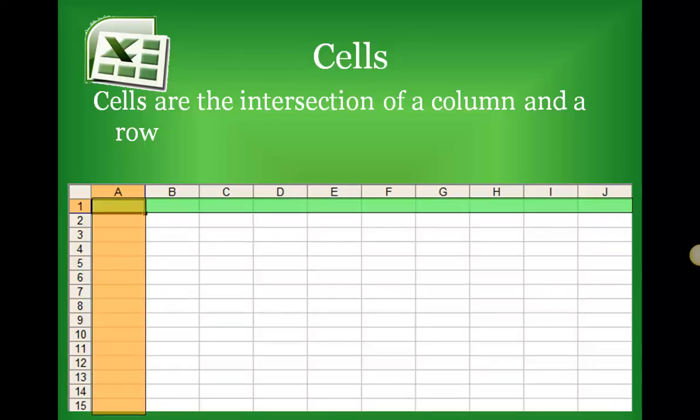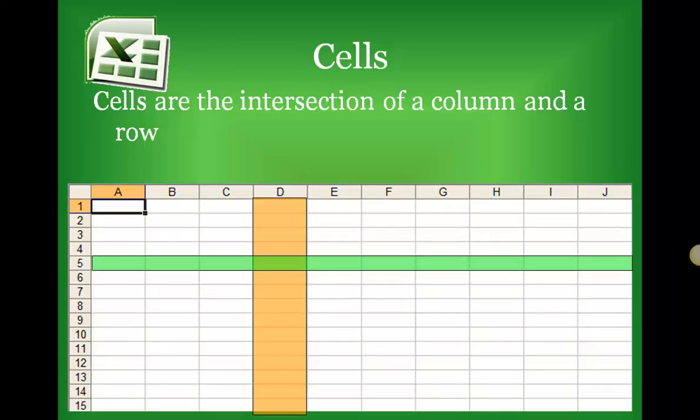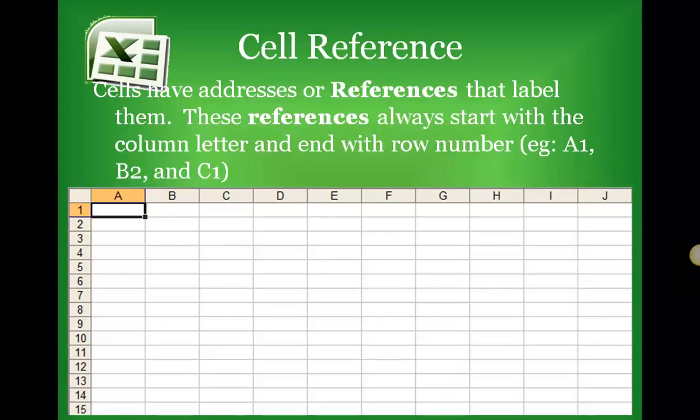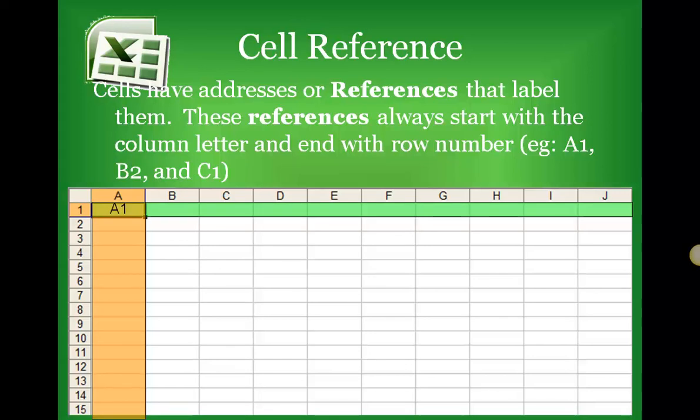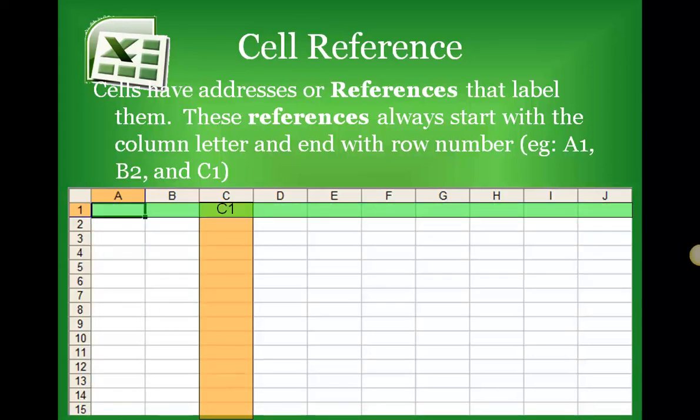Cells are the intersection of a column and a row. Cells have addresses or references that label them. These references always start with the column letter and end with a row number. For instance, this is A1, this is B2, this is C1, see it's C column, 1 row, C1.